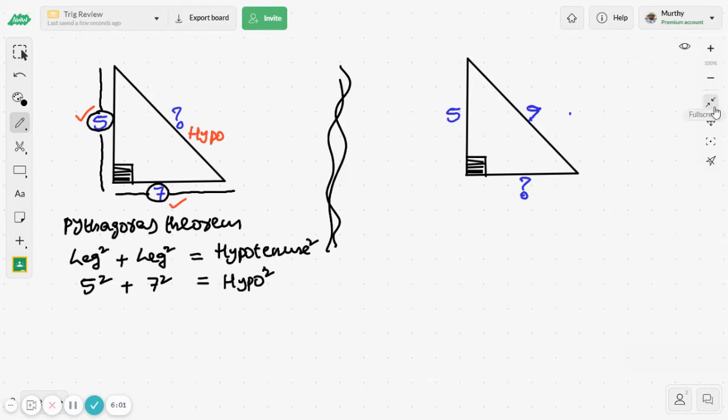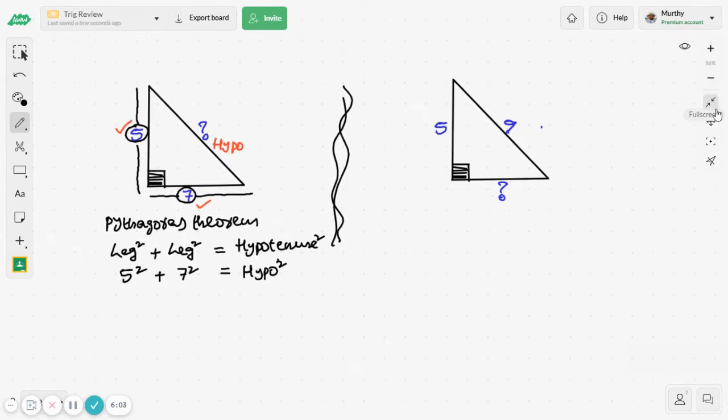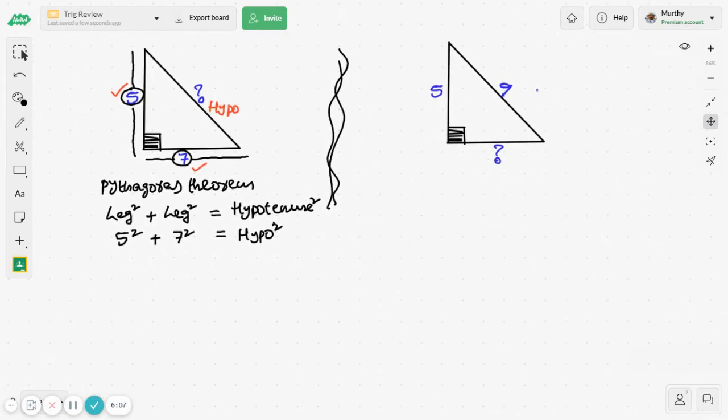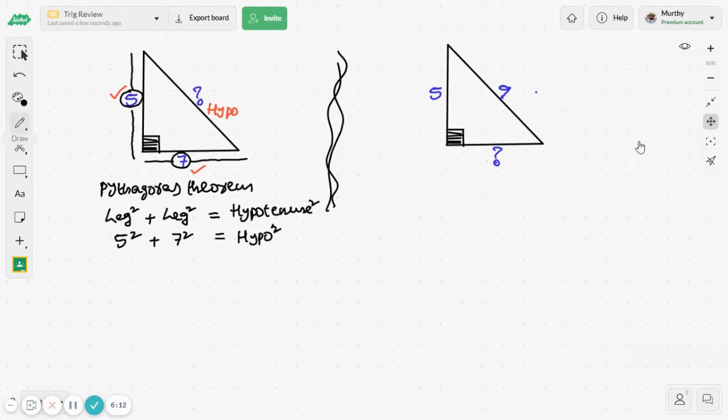Several times I mentioned this. 5 square means 5 times 5, which gives us 25, and 7 square is 7 times 7, which gives us 49. Then when I combine them, you can make use of a calculator, you'll get 74. So hypotenuse square equals 74.